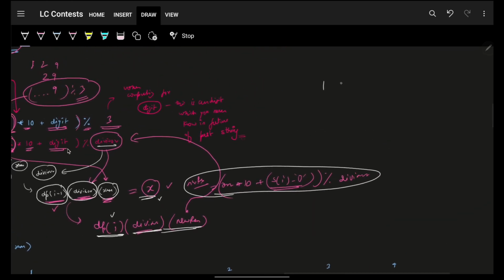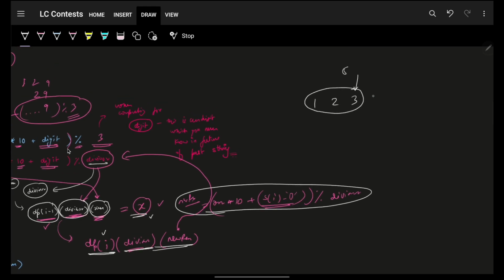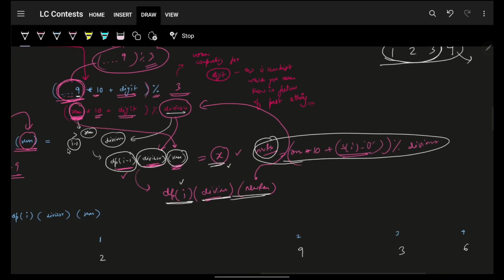Because, let's say 1 2 3, if the number of substrings ending at this index with some divisor and some remainder is, let's say, 5, then if I extend it with a 4, a fixed pair of divisor and remainder will also give me a 5 here. But here obviously the remainder will be different, which is the new remainder. Cool.